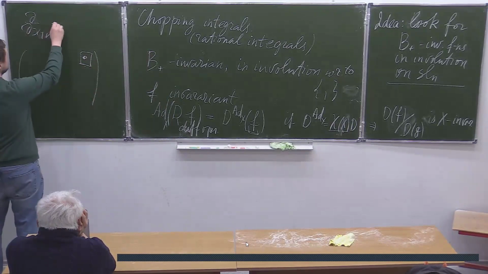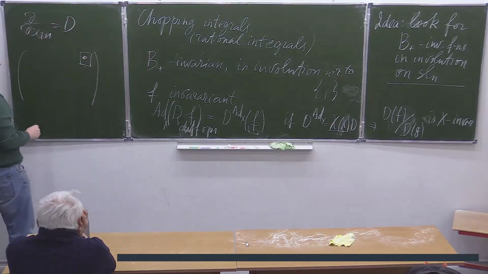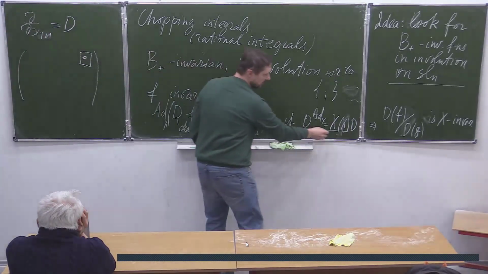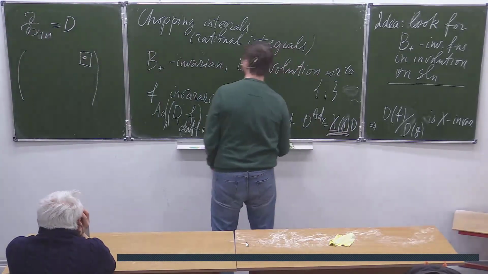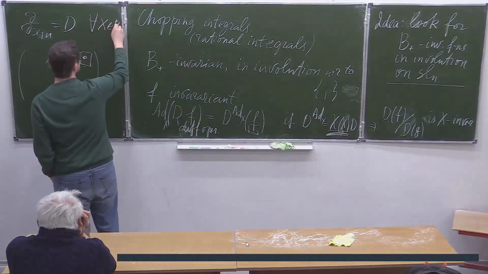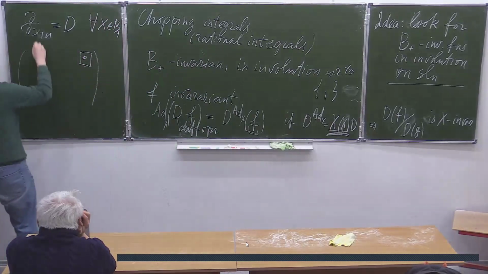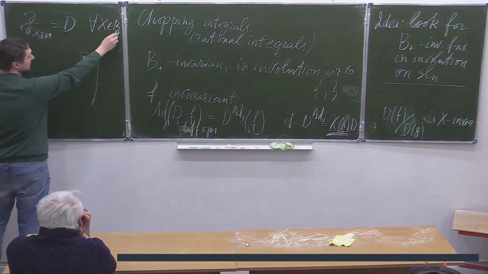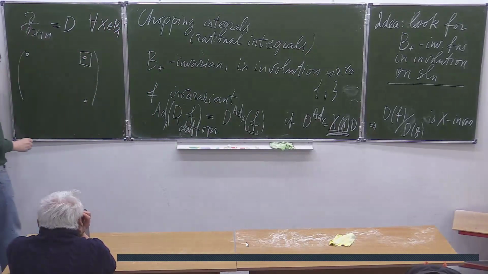Then this operator verifies this condition for all x in B plus. Namely, it's just the ratio. What we get will be just the ratio of this element in the matrix in B plus and this element in the matrix from B plus.